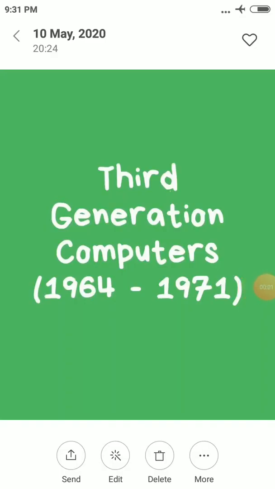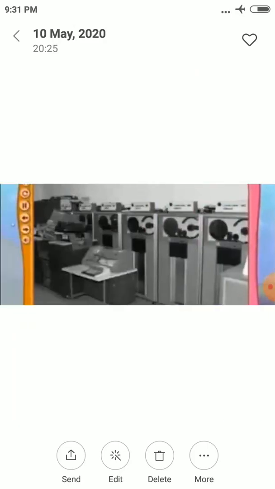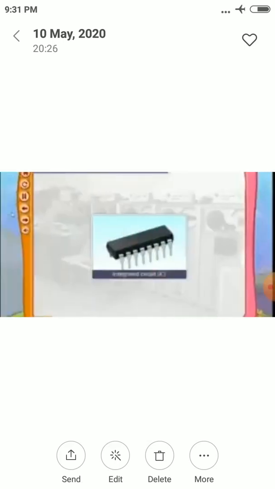Now, third generation computers. 1964 to 1971 was the period of the third generation computers. Integrated circuits were introduced during the development of third generation computers.